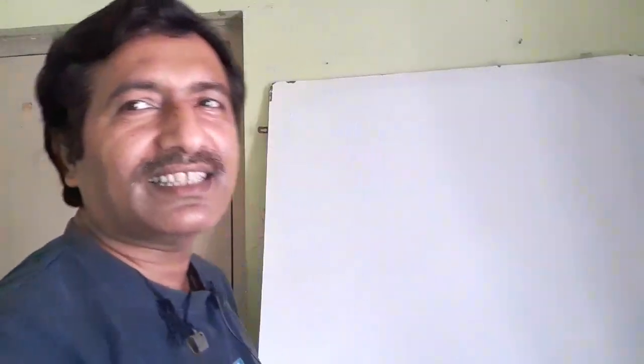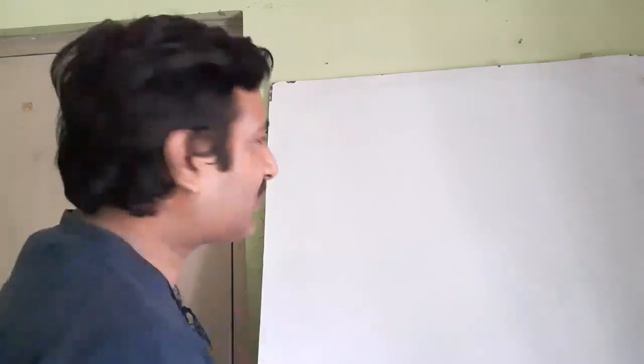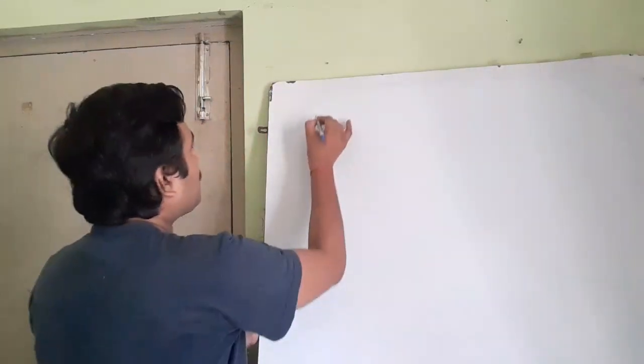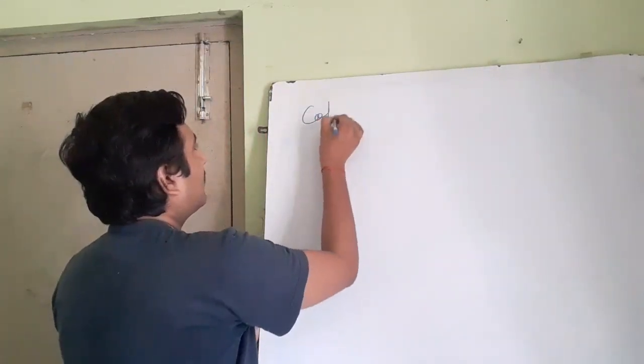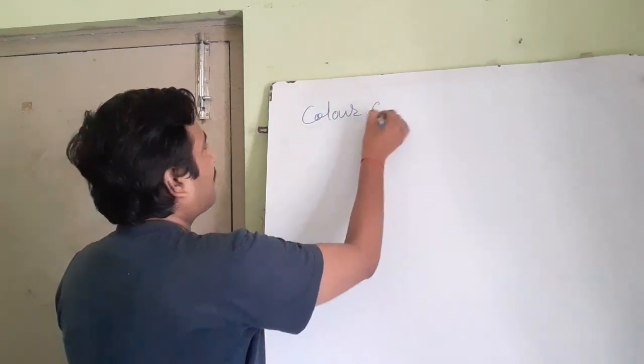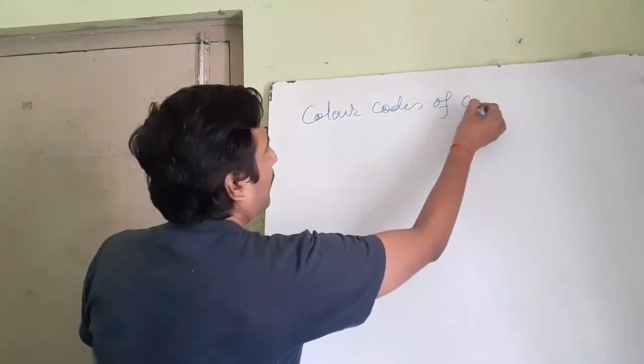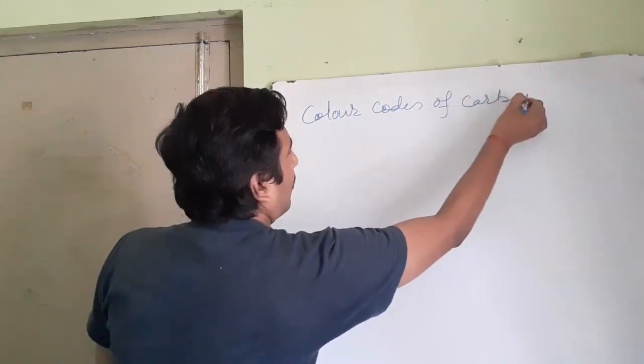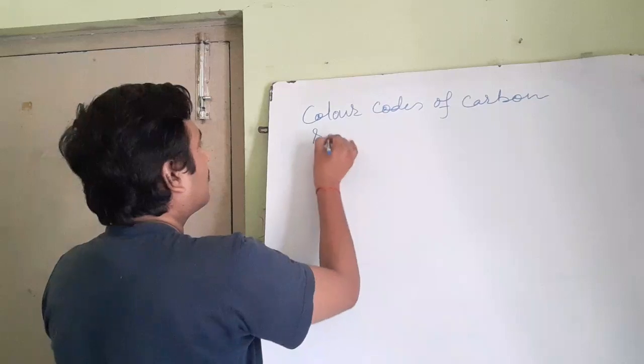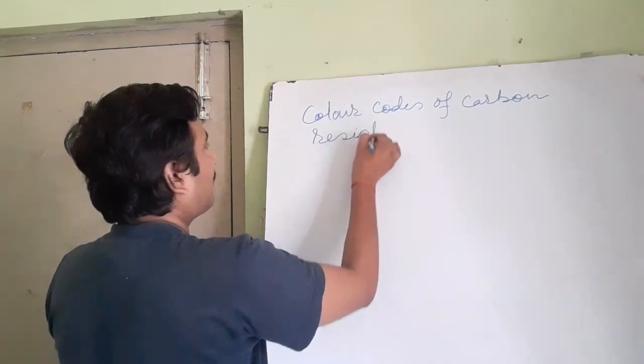Here I am going to discuss the way to find the value of the carbon resistor on the basis of the color code. So I am discussing the values of the respective colors. Color code of carbon resistors.